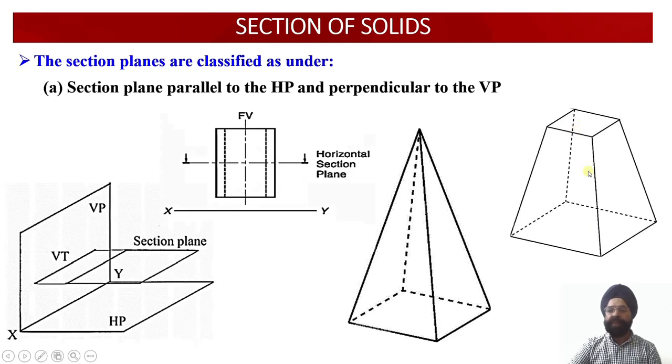So the true shape of this cut section will be available in the top view, and this is the remainder solid, which is called the frustum of the square pyramid. So whenever a solid is cut by a cutting plane parallel to its base, the solid which is left out is called the frustum of the solid.